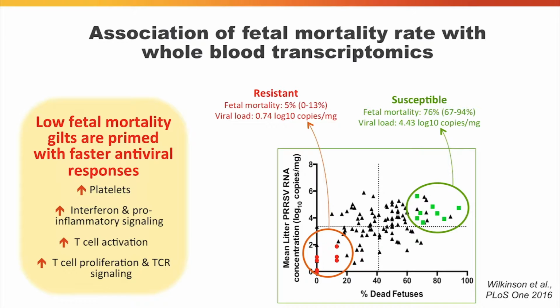And what we found was that the low mortality rates, so those are the group in red, were more immunologically primed, and they had faster antiviral or immune responses, and both innate as well as adaptive immune responses. And there were 4 key sets of genes that were upregulated.